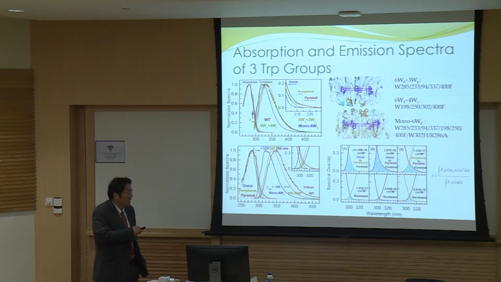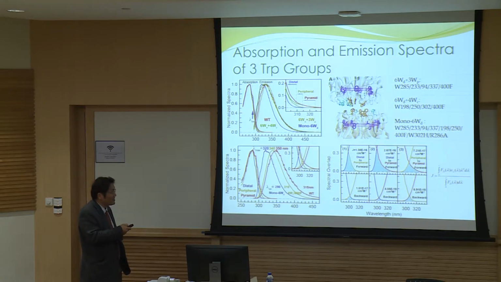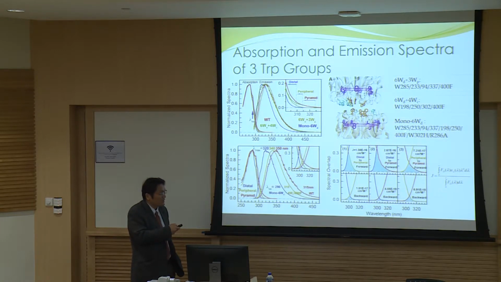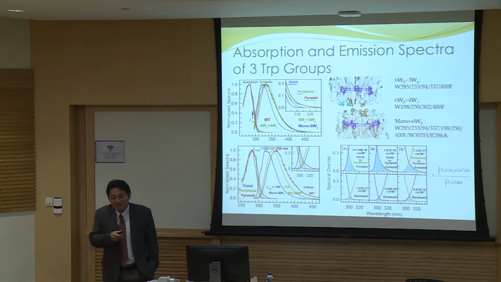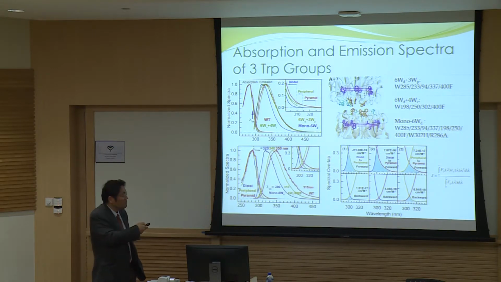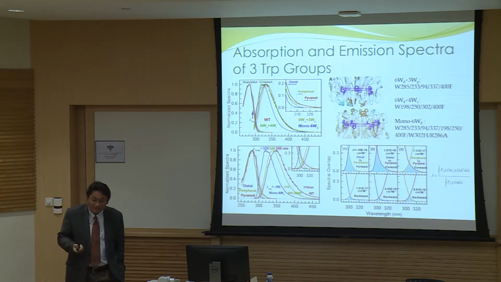The next thing is we spent more than half a year or 1 year to finally get this monomer, because in order to understand this, we have to have the emission peak and the lifetime of this 6WD tryptophan, its optical property. And you couldn't get it. Of course, you can ask, just keep shining light and it becomes a dissociated monomer.